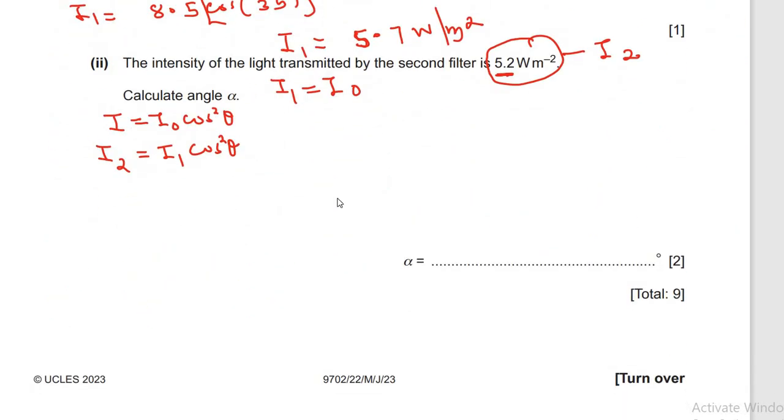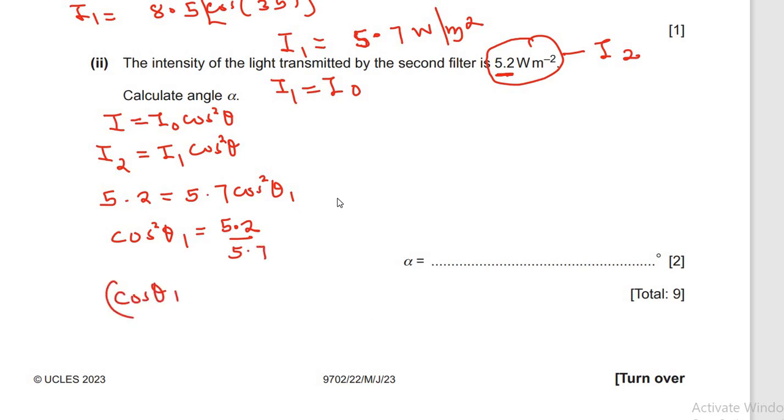I2 is 5.2, I1 is 5.7. So cos squared theta 1 is 5.2 over 5.7, 5.2 divided by 5.7.